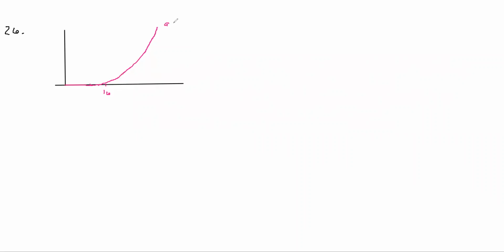And this graph we're calling G of T. Okay, and this is 3, 2, 1. All right. And this is T, age of fetus in weeks. And this is weight in kilograms.